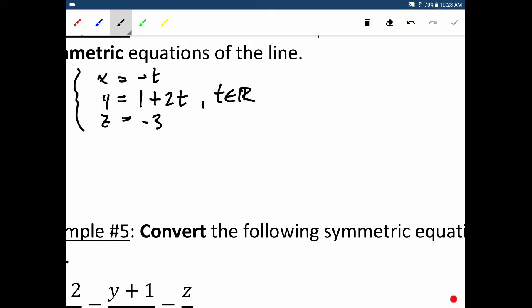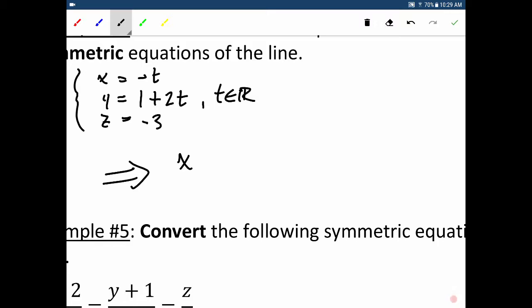And so what we can do then is convert that into our symmetric equation. Again, on top you're just going to have your variable, and then we subtract the initial point, which for x is nothing.